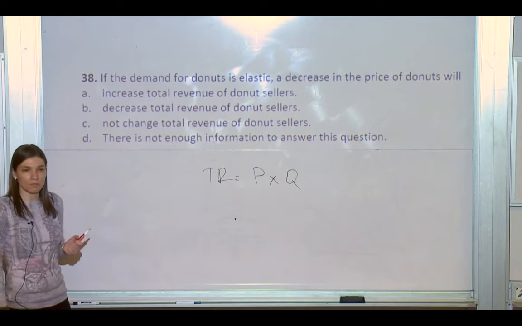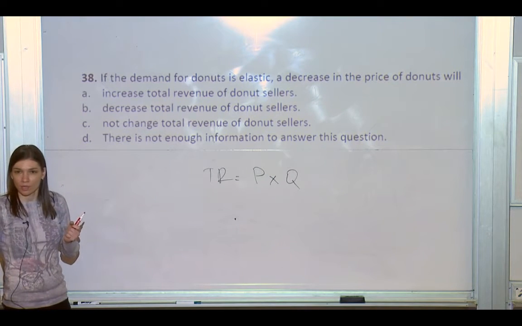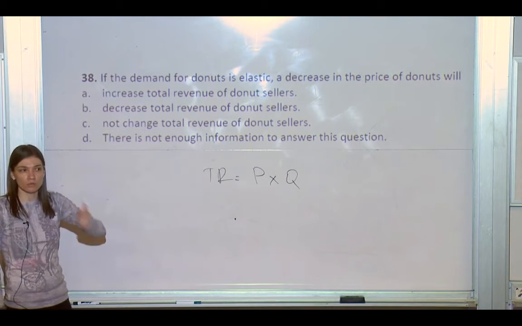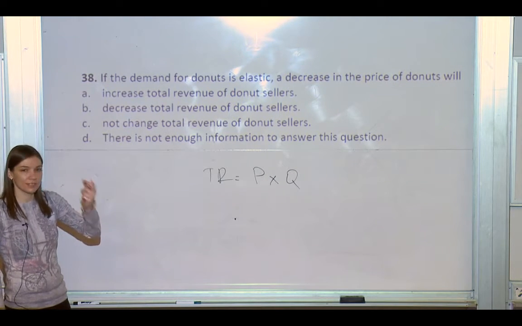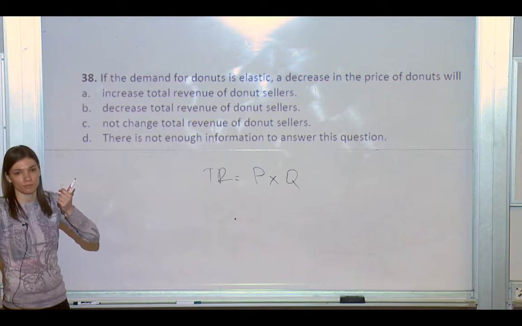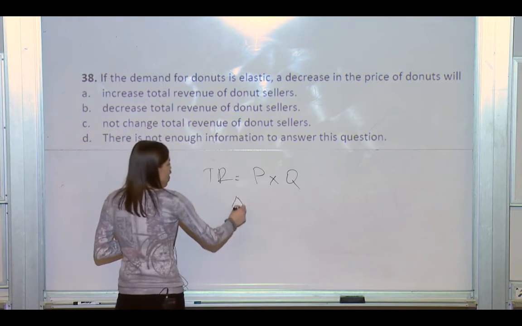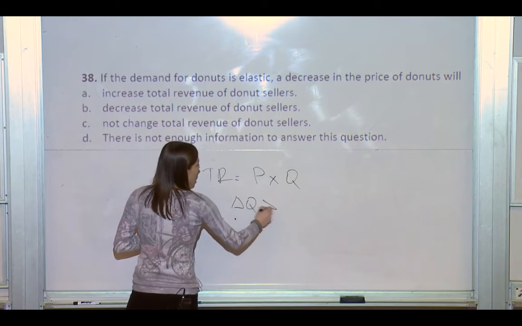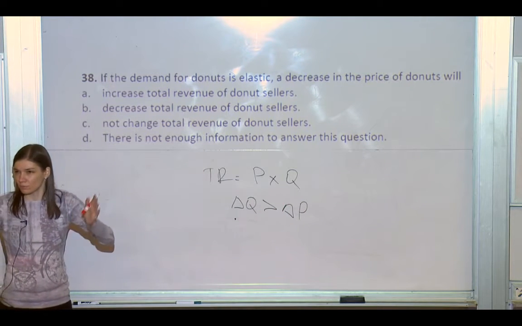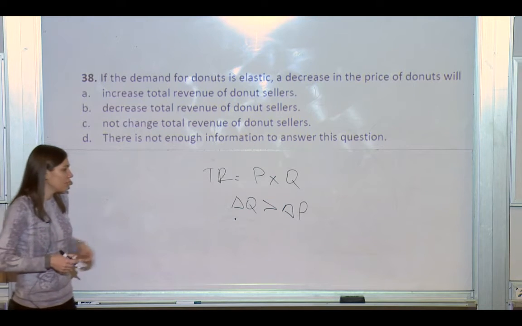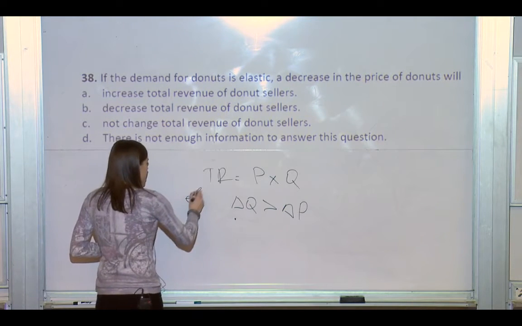I also know that when demand is elastic, the elasticity is change in quantity divided by change in price, right? So if it's elastic, that means it's more than 1. What that means is also that change in quantity is higher than the change in price in absolute terms, all right? That's when demand is elastic.